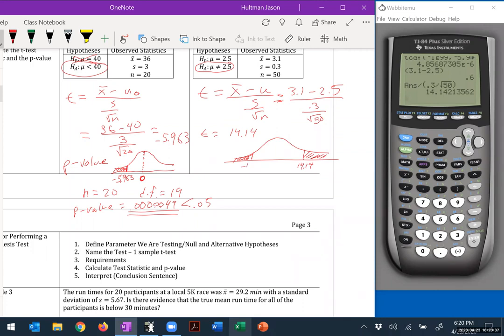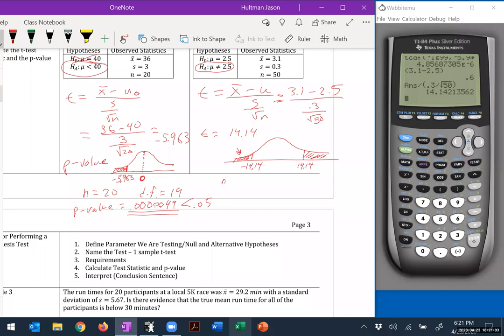This would be at negative 14.14, right? And so I'd want the probability that the area is either below negative 14.14 or above 14.14. So what I can do is find this lower area, and then I can double it to get my p-value.